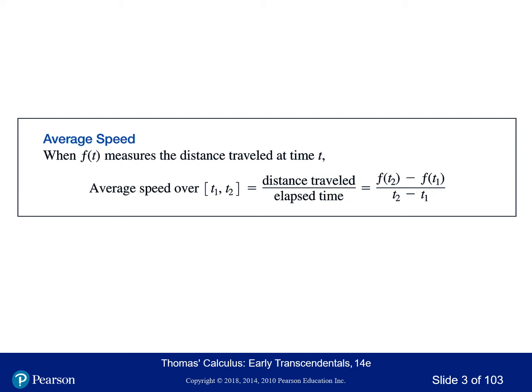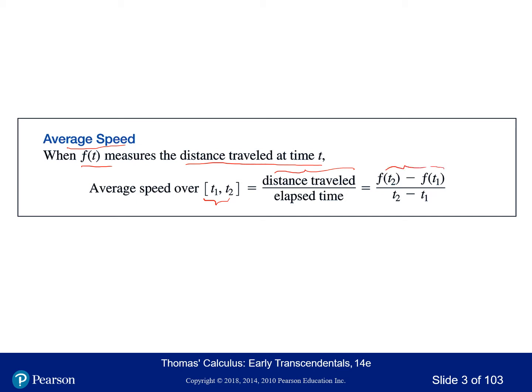The average speed. When f of t measures the distance traveled at time t, where the elapsed time is the difference between t2 and t1, the distance traveled is from f of t1 to f of t2.